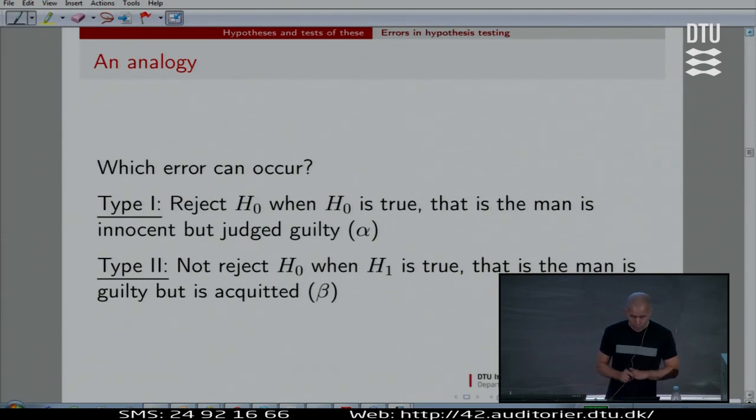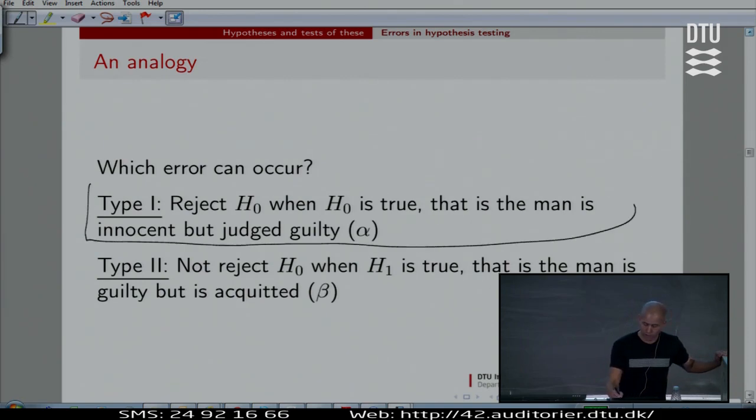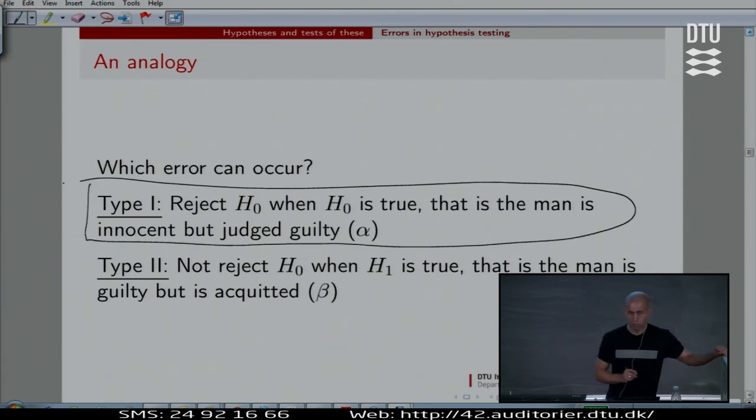Putting this into words specifically, the type 1 error here would be that you reject the claim of being innocent, you reject the claim of being not guilty, that is, you decide he is guilty even though he was not. That's the alpha risk, the type 1 risk.